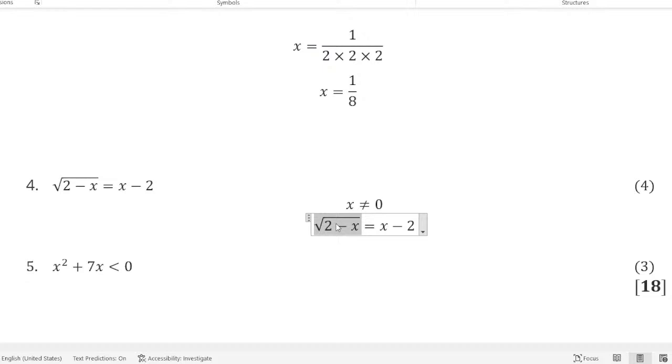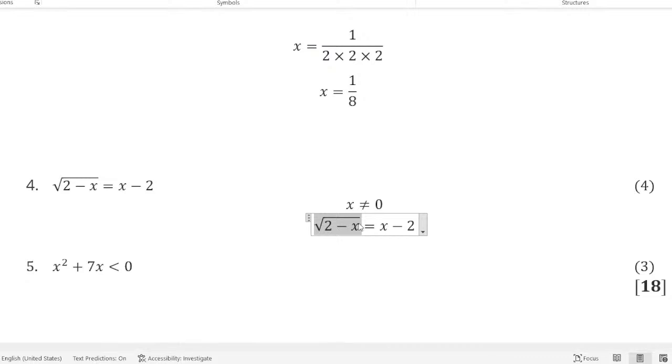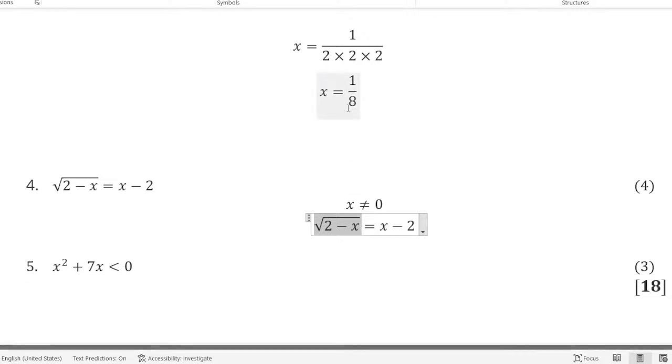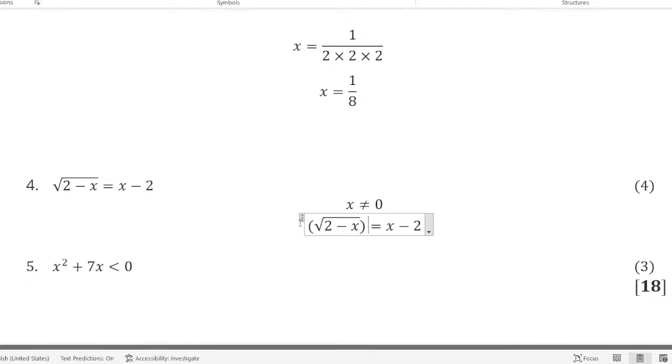So in this case, we are going to square the square root of 2 minus x. We're going to put it inside brackets. Then now let's square it.